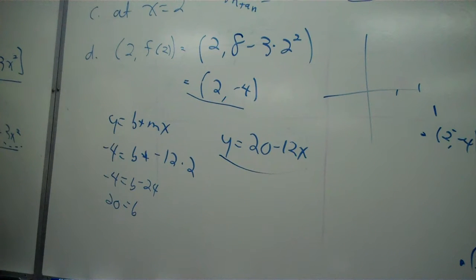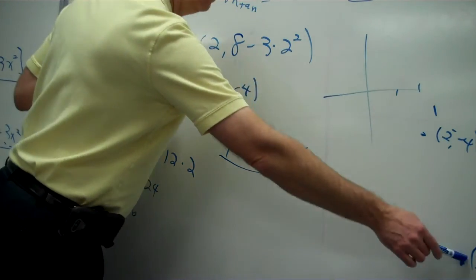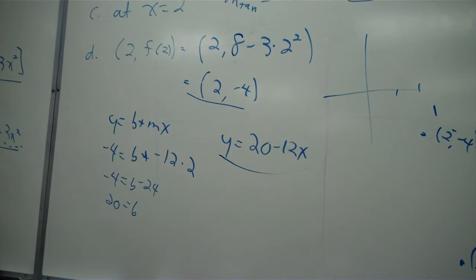If we check that, that is the point on the line. Notice that's not exactly the point on the curve. The point on the curve is 3, 8 minus 3 times 3 squared, which turns out to be 3, negative 19. But they're still reasonably close, and it was much easier to figure out the point on the tangent line than it was the point on the curve.